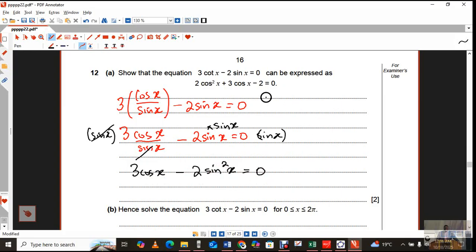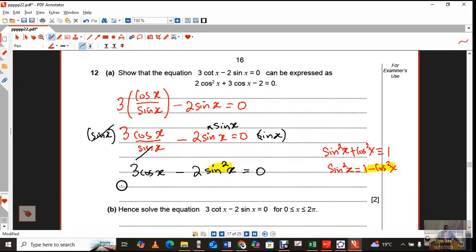All right, if you remember from your identity, sine square x plus cos square x is identical to 1, then sine square x is going to be 1 minus cos square x. This is going to replace this over there.